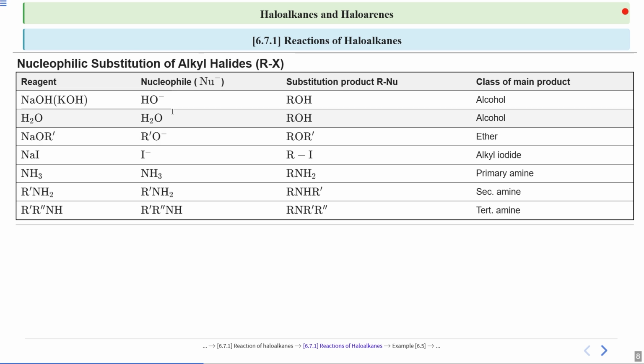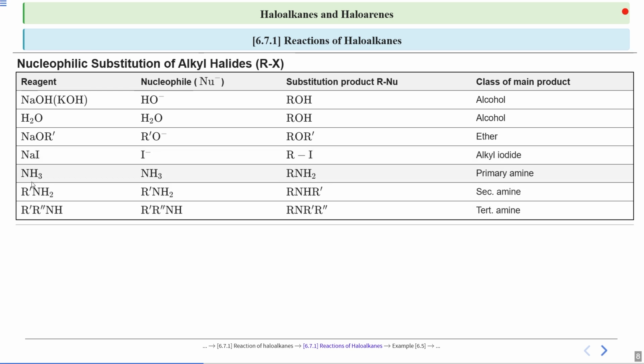For NaOR prime, the nucleophile is R prime O minus, and the substitution product is ROR prime, so the product class is ether. For sodium iodide, the nucleophile is iodide, the substitution product is alkyl iodide, and the class is alkyl iodide.